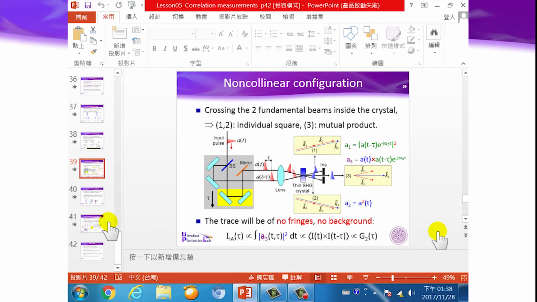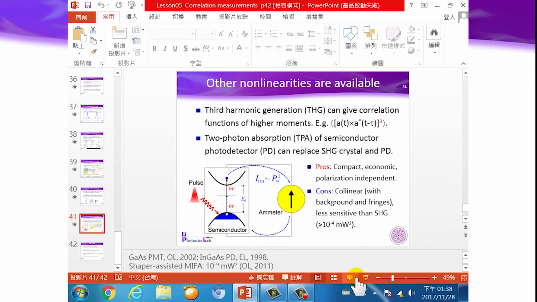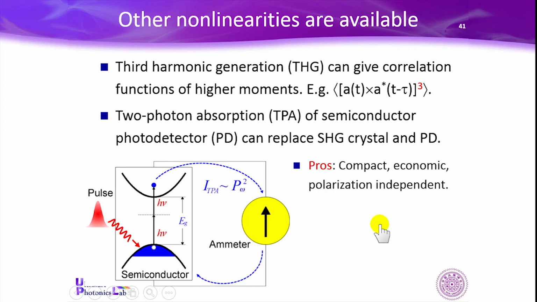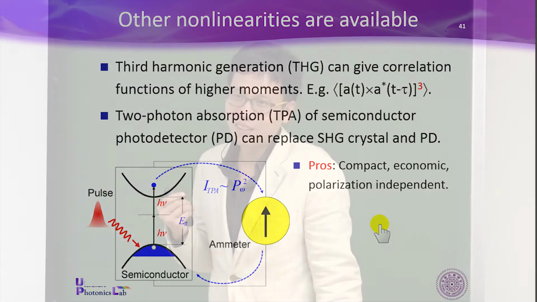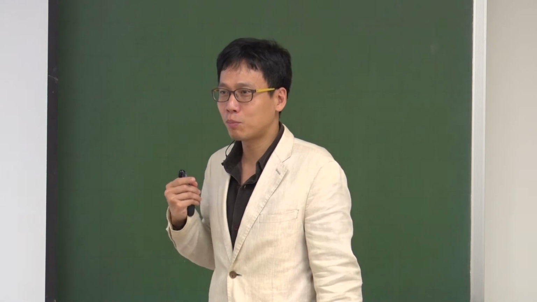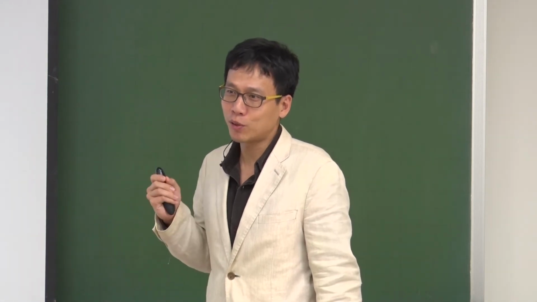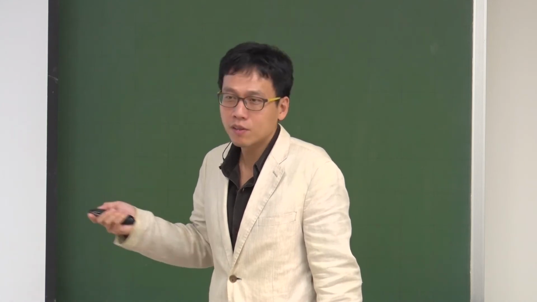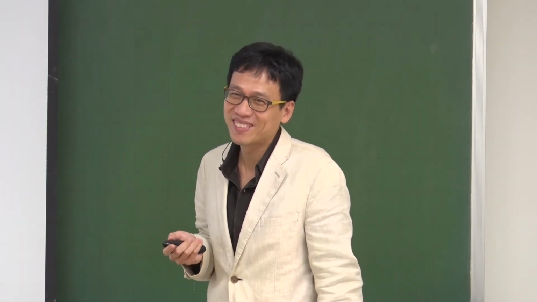Another advantage of TPA-based autocorrelator is that the setup is polarization independent. That means you do not have to pay attention to the beam polarization. Whether it's vertically polarized, horizontally polarized, tilted polarized, or even elliptically polarized, the response is essentially the same.